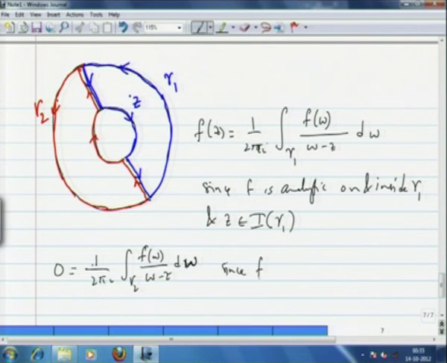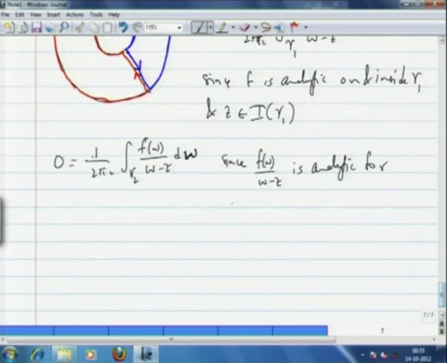Since f of w by w minus z is analytic for w inside of gamma 2 and w belongs to gamma 2 star.